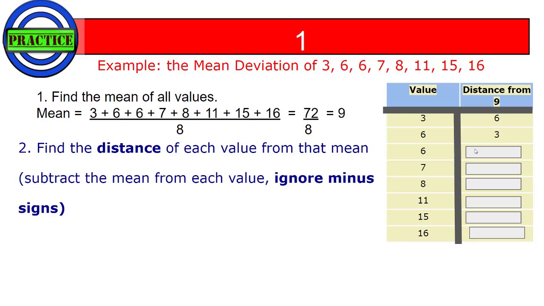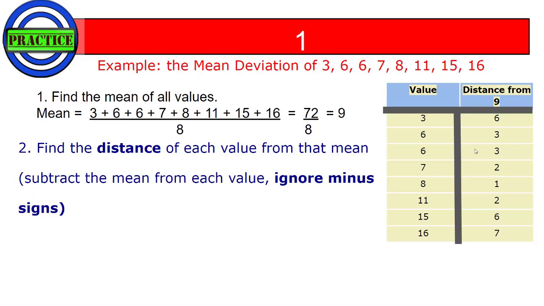How far is 6 away from 9? 3. How far is 7 away from 9? 2. How far is 8 away from 9? 1. How far is 11 away from 9? 2. How far is 15 away from 9? 6. And how far is 16 away from 9? 7. Notice I have all new numbers here.